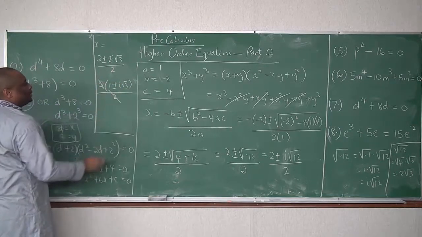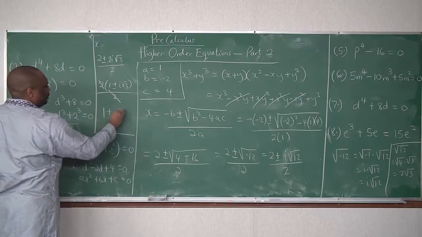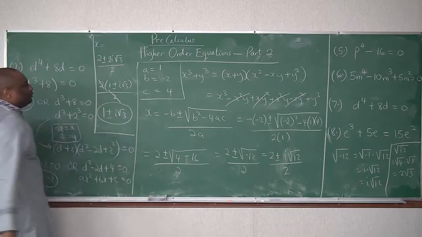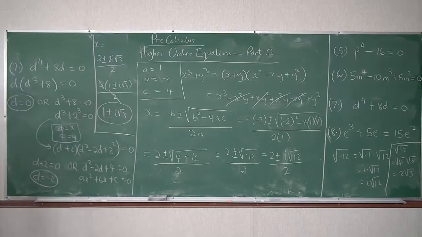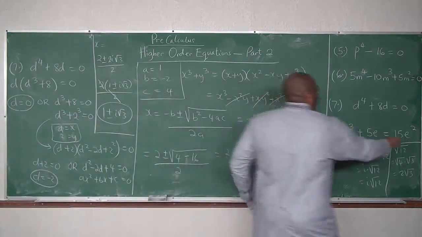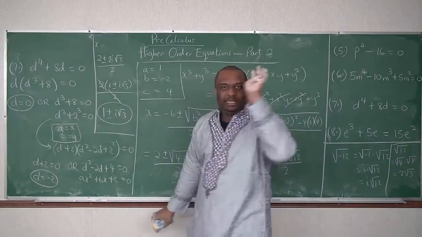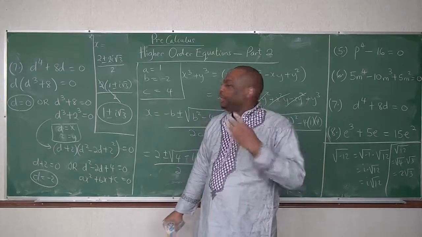Bam, bam. So this is 1 plus or minus i root 3. Okay. We have to check it because this is an equation. Now, let's list all the zeros or roots and then we check it.